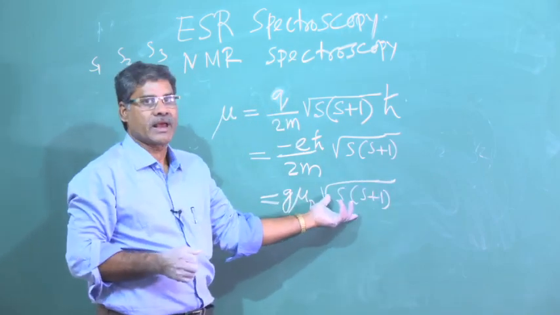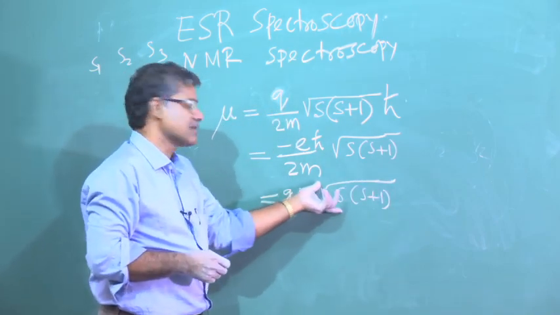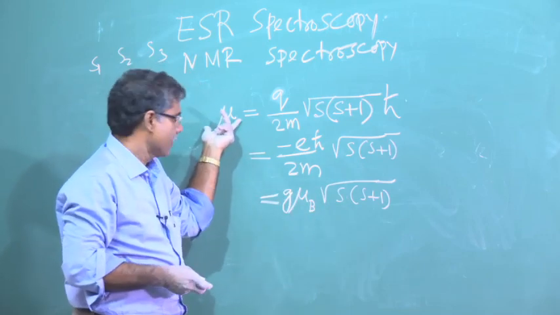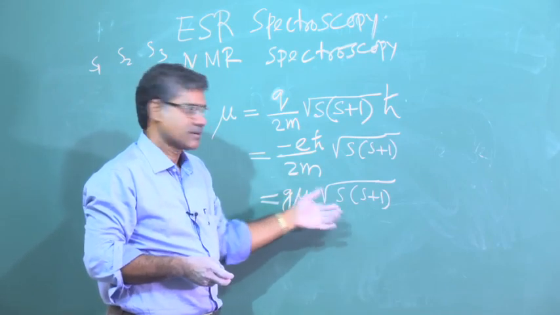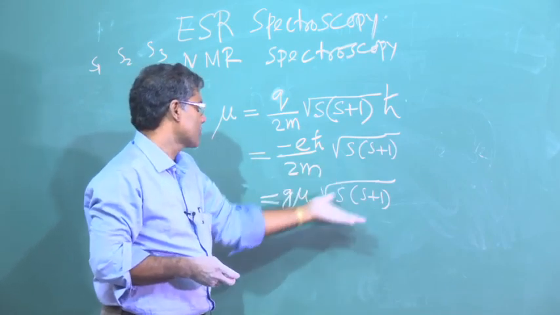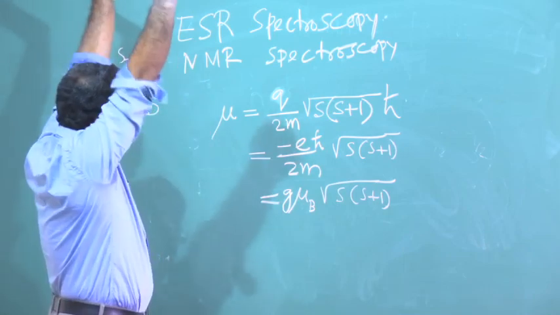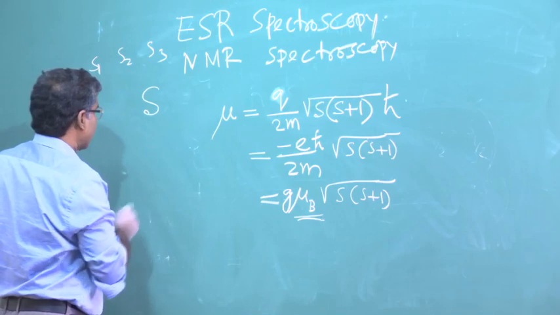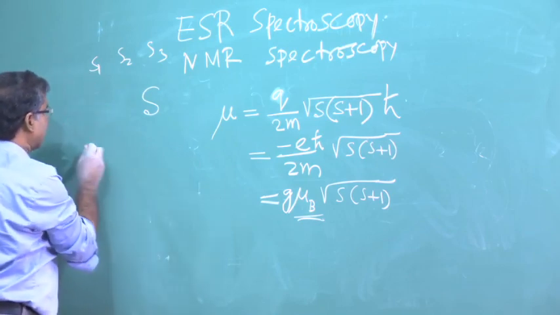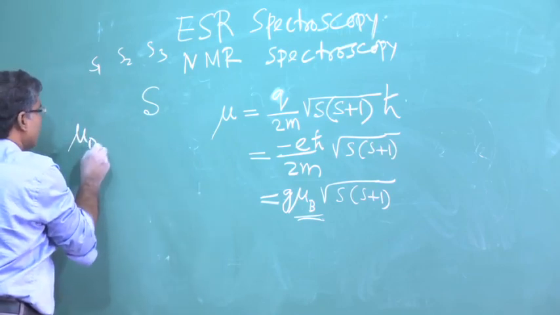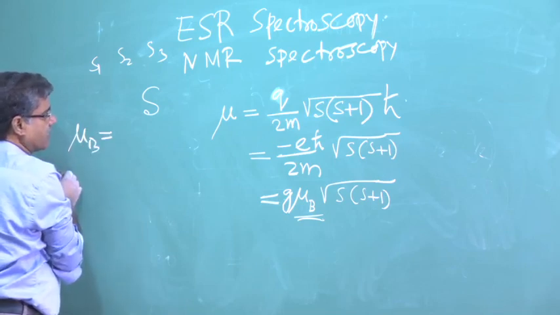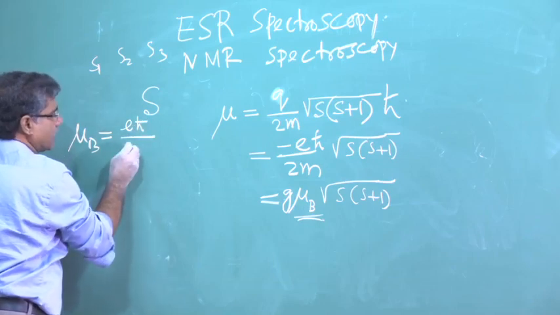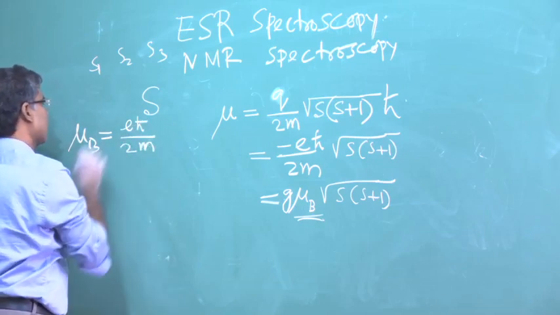Earlier we just wrote S, so actually if S is half, g is 2, so it is g mu B for 1 electron. If S is more, then it changes. This is called the Bohr magneton. Bohr magneton is very important for the electron: mu B equals E H cross by 2m. Okay.